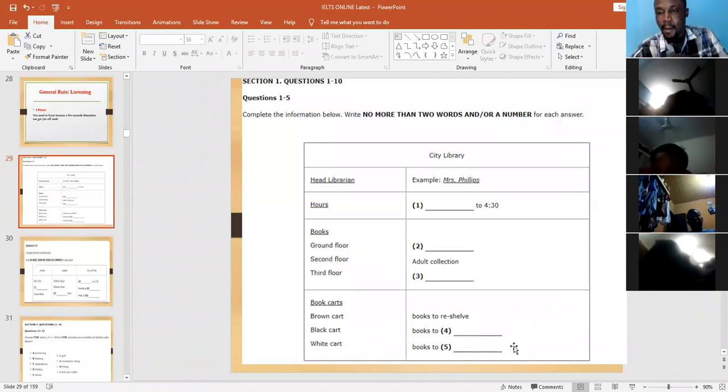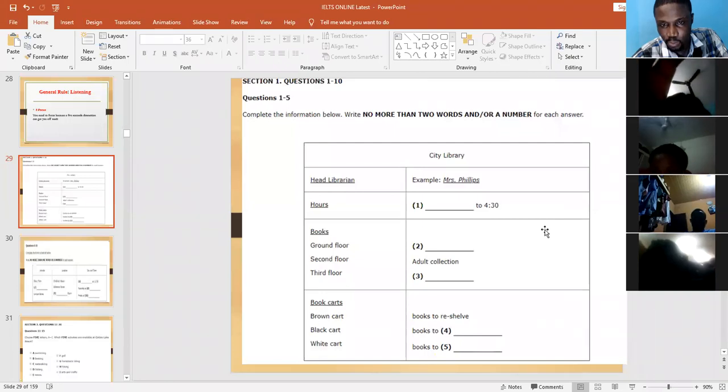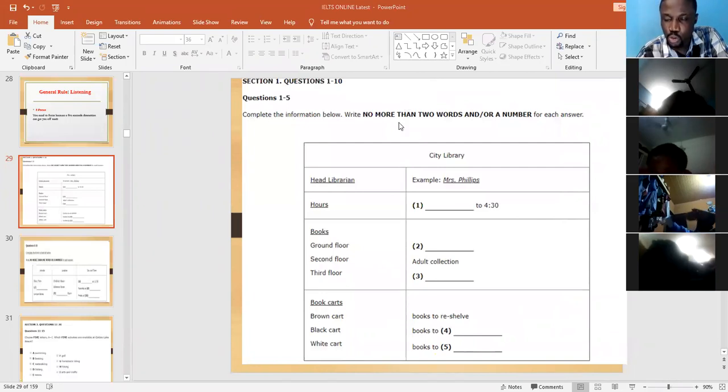So the thing there is that within this space of 30 seconds that you are given, you need to use it to decode and go through the question.